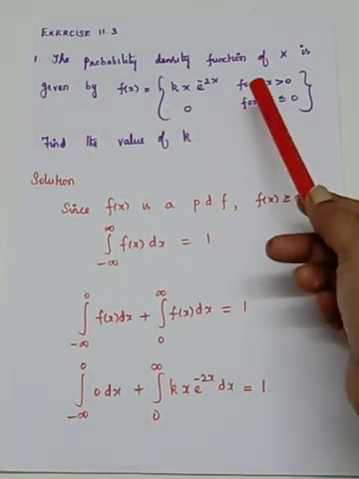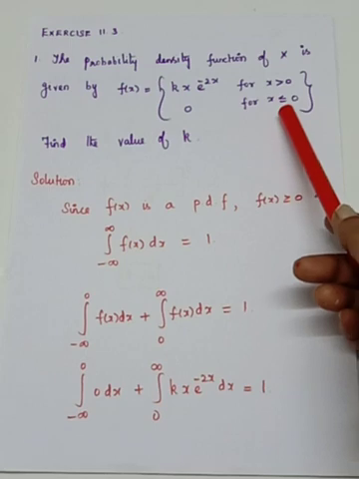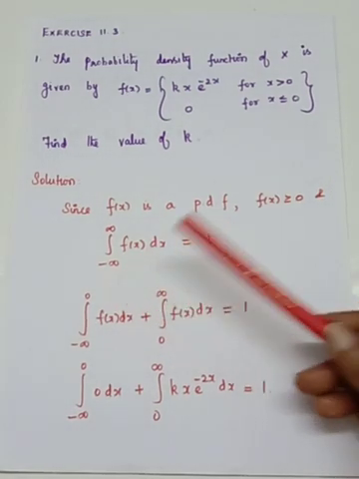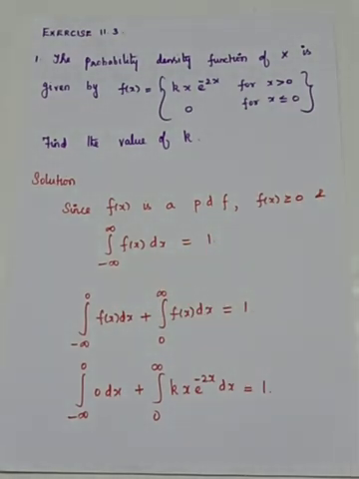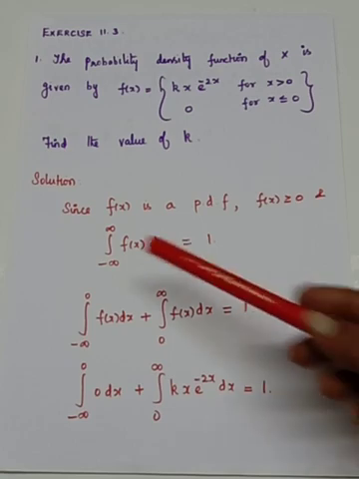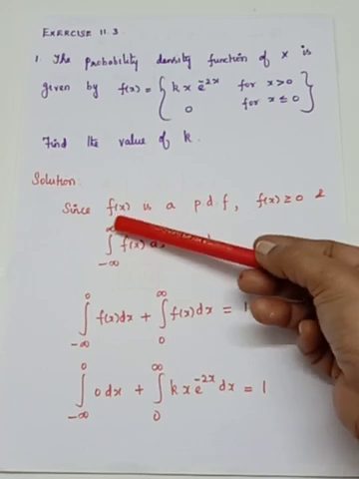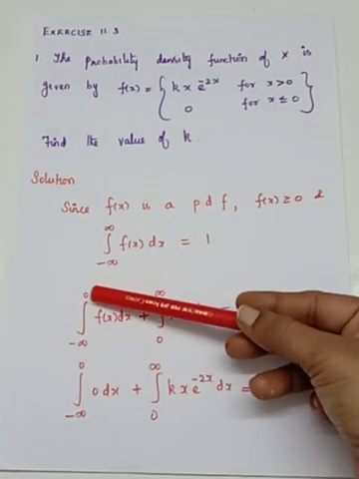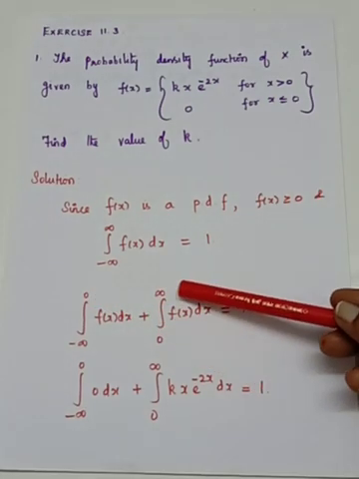So we are going to take this result from minus infinity to plus infinity. According to x, there are two types: x less than or equal to 0, and x greater than 0. So we have to split from minus infinity to 0 and 0 to infinity. The integral from minus infinity to infinity is split into two integrals: minus infinity to 0 plus 0 to infinity.